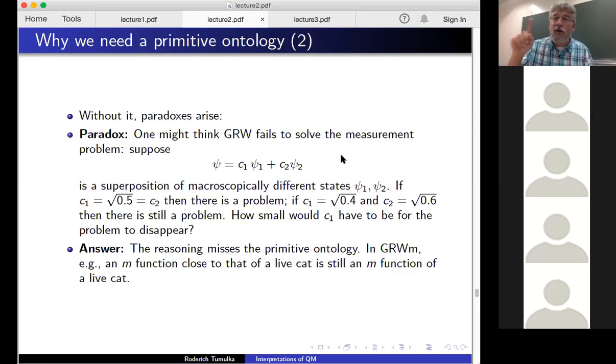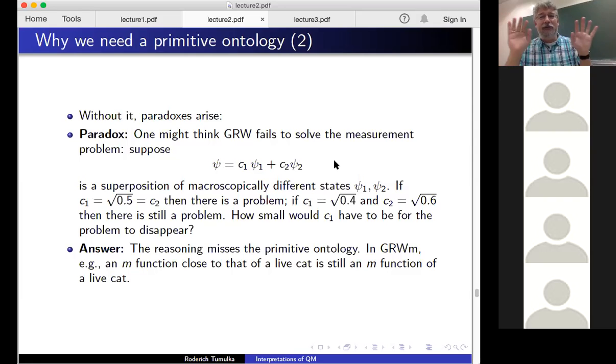Think of Schrödinger's cat, or needle here, needle there. Okay, if the two coefficients are of the same magnitude, then we've already discussed there's a problem. You have the measurement problem. There's no fact about whether Schrödinger's cat is actually dead or alive.